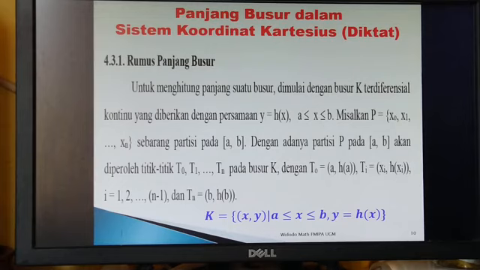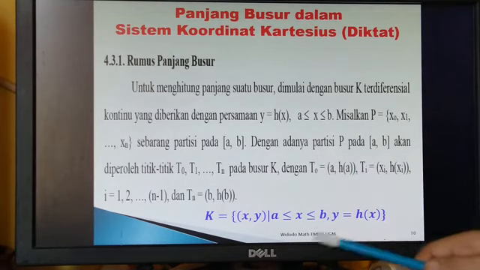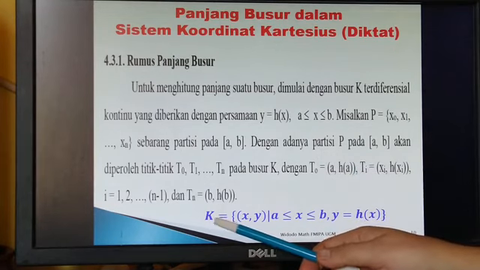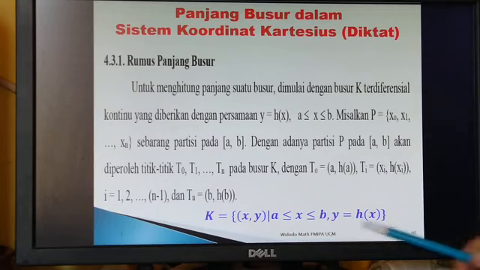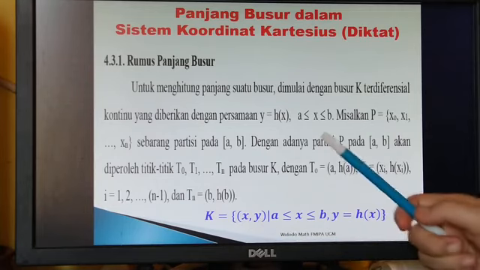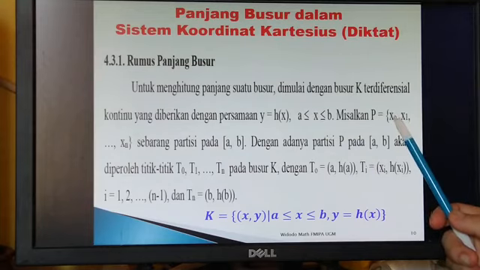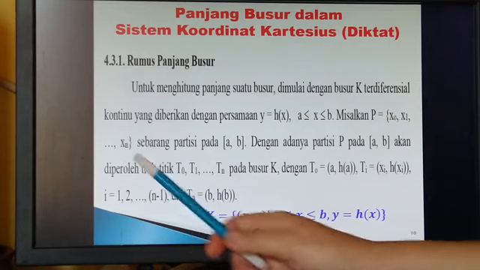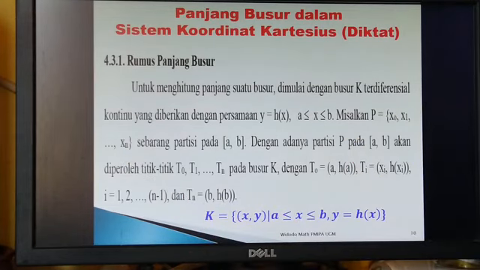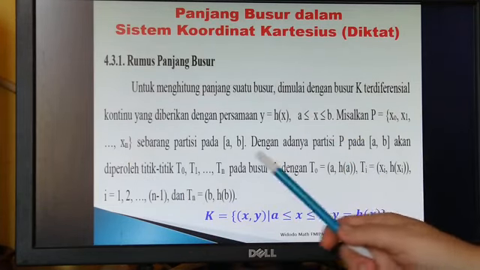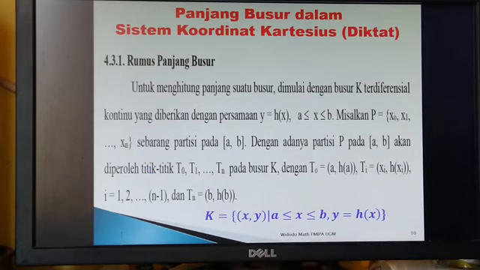Because we want to use the definite integral, we make a partition. For instance, K is given by this set between a and b. We have to make a partition P: x0, x1, x2 until xn, where x0 is equal to a and xn is equal to b.